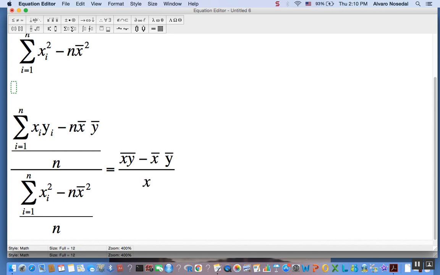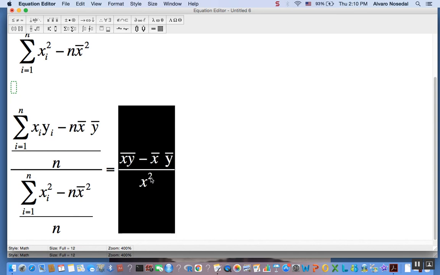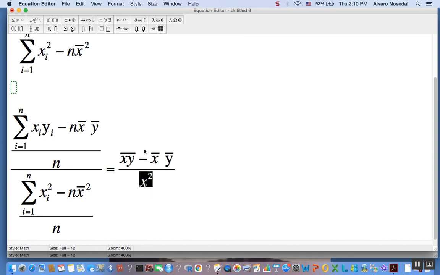And then they use to refer to this, summation of xi squared divided by n, as x squared bar. Because I want to have a whole bar here. Let me see if I can do it with another option here. So that's what they have there.